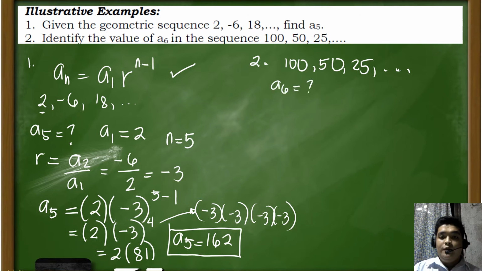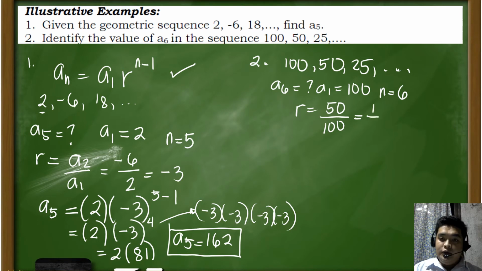Our a sub 1 is 100, and n is 6, since we need the sixth term. Then our r is 50 divided by 100. What is 50 divided by 100? Very good, that is 1 half. You have to reduce 50 over 100, which is equivalent to 1 half.